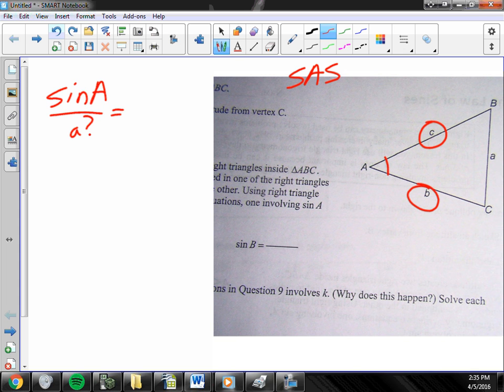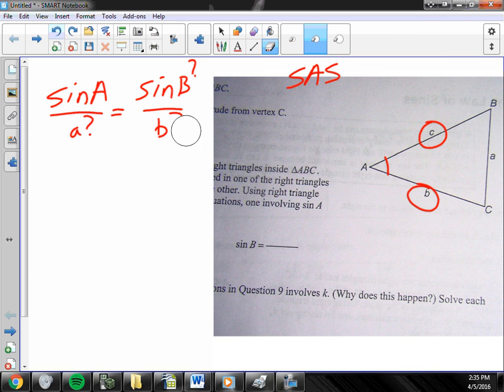And then I would not know the sine of B, that would be unknown, and I would know little b. Is that enough to figure out what the triangle is? Oh, I do know little b. Thank you. Sorry.